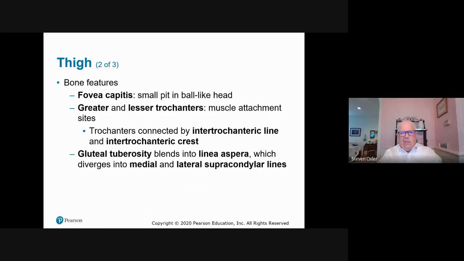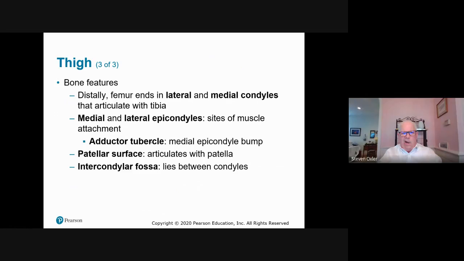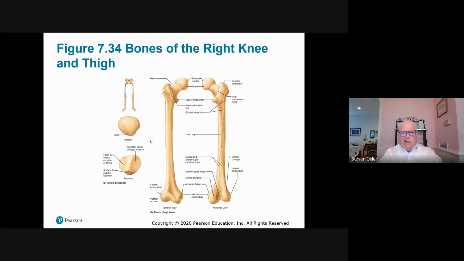You don't have to know the parts of the femur or the thigh. That's not important. Just know where it attaches. You're not going to remember any of this anyway. Don't worry about all this other bold letters.